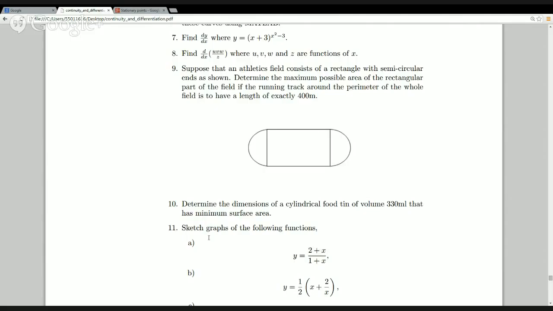For any valid value of r, the radius, which is going to be a positive number, that is certainly going to be positive. And that confirms that the stationary point we found is a local minimum.